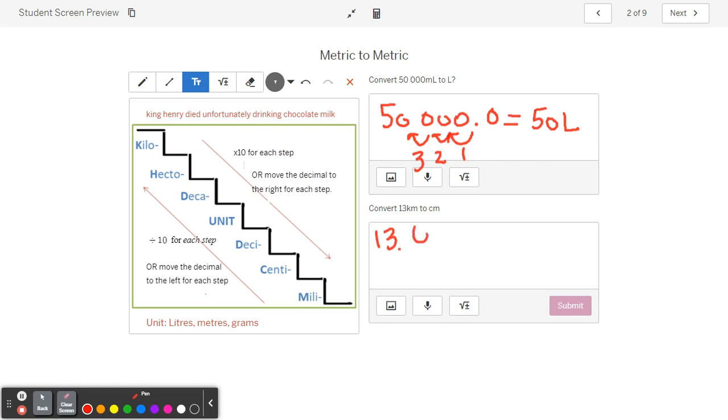Now, with 13, I can have as many decimals as I want after the number. It doesn't change the number at all. Okay, so we're moving 1, 2, 3, 4, 5. The new decimal will land there, meaning 13 kilometers is the same as saying 1,300,000 centimeters.